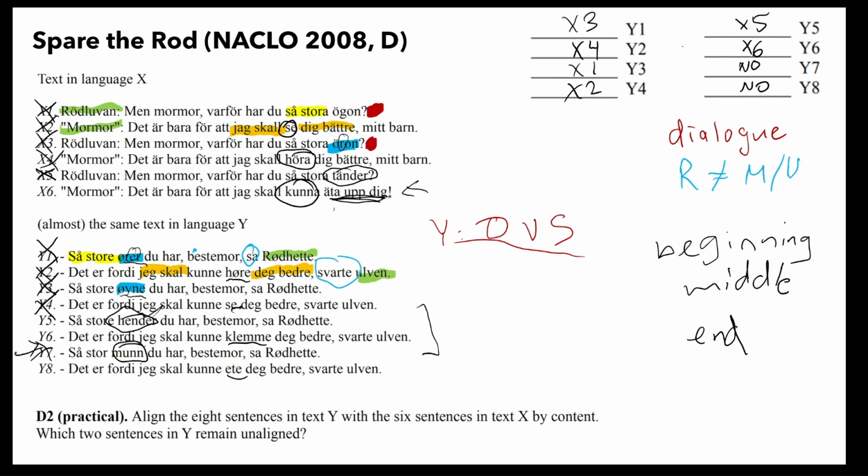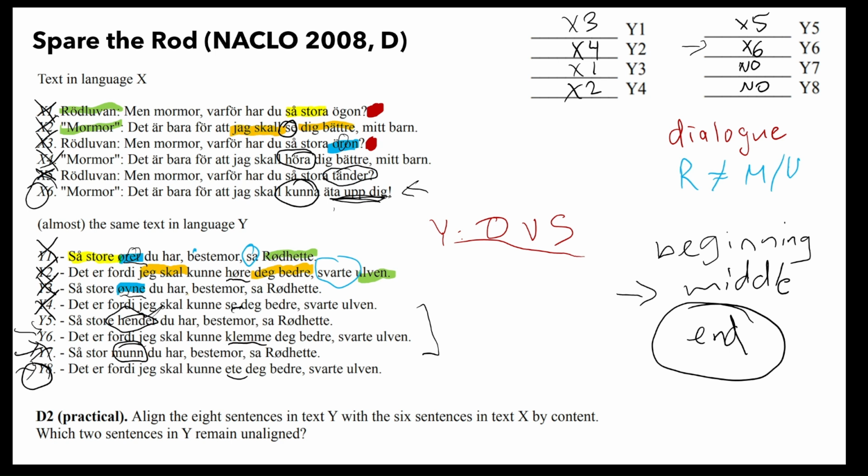Whereas our first knee-jerk reaction, our first response to seeing the words in the sentence was to match X6 to Y6, we're forgetting that Y8 is our ending sentence, whereas Y6 is still part of the middle. So it's more likely for Y8 and X6 to be linked up as the end, because we've noticed that the beginning matches up mostly, and therefore the end will probably match up with each other.